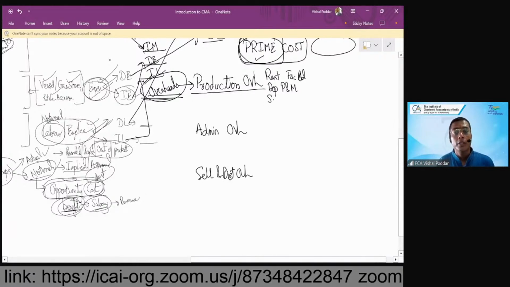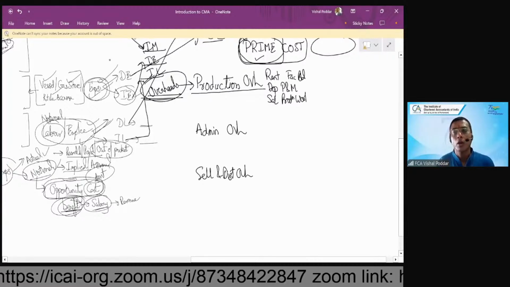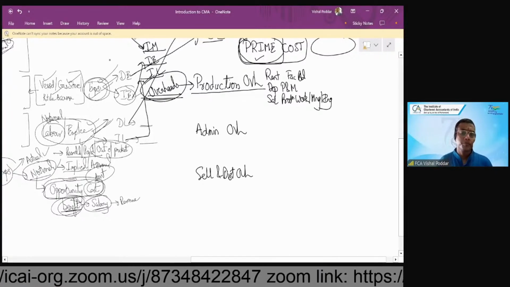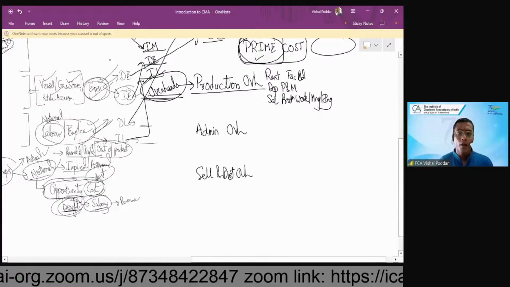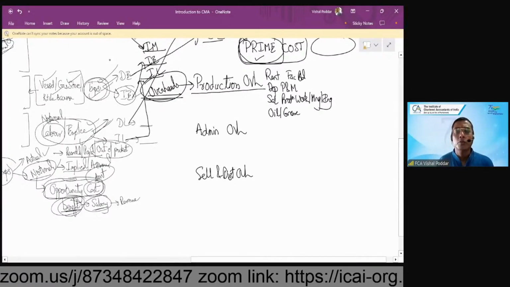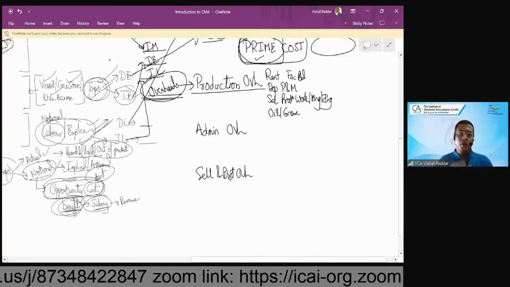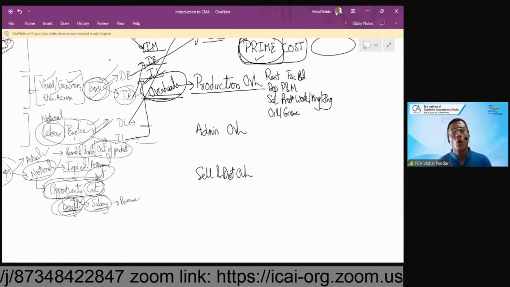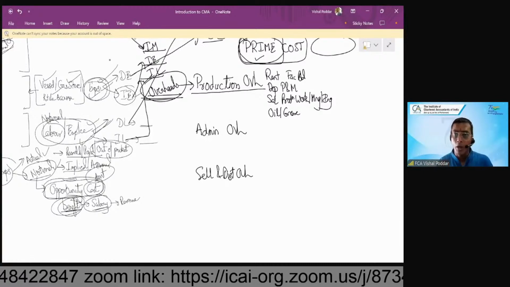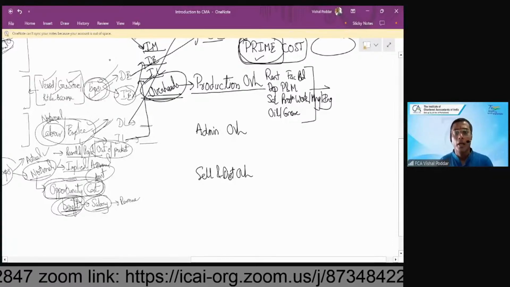Then all the salary which I pay to the production workers or the manager or the engineer, correct? All the oil, grease, all these items which are used for lubricating the machine, for cleaning the machine, for keeping the machine in the right form.